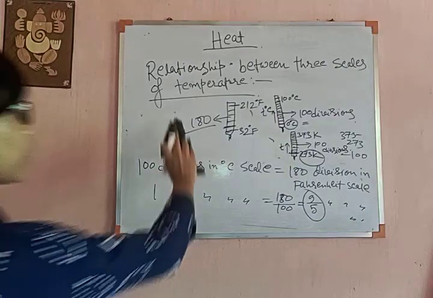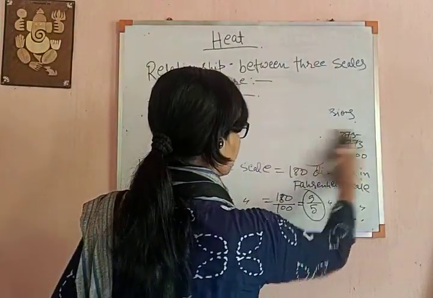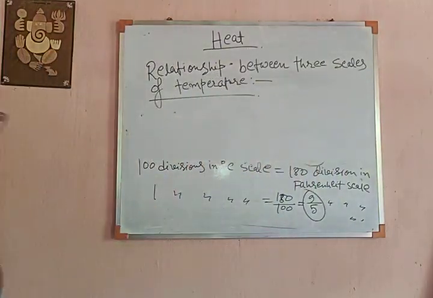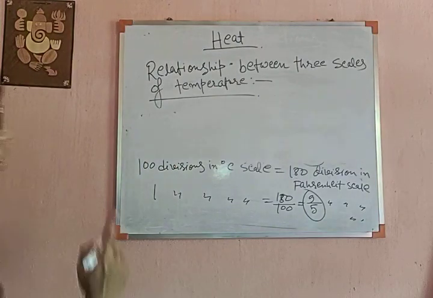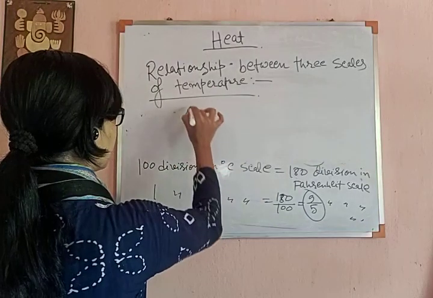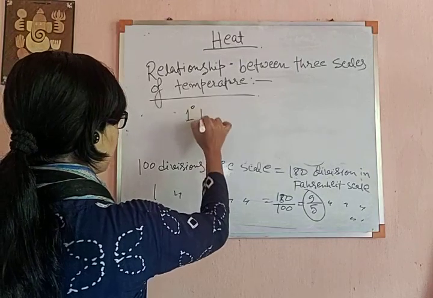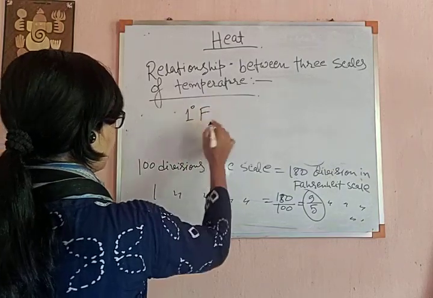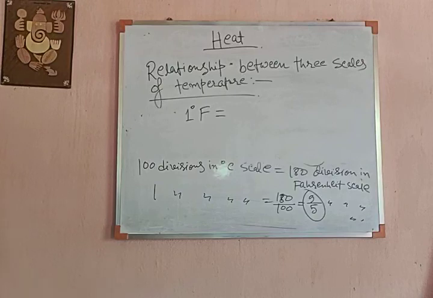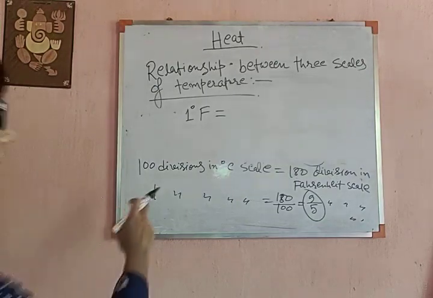So in that case we can write that 1 division in Fahrenheit scale, 1 degree Fahrenheit is equal to 9 by 5 times higher than that of degree Celsius.